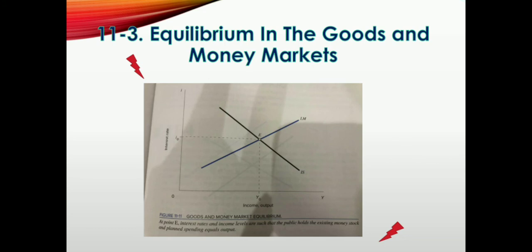In this graph, the equilibrium interest rate is i and the equilibrium level of income is Y, given the exogenous variables, in particular the real money supply and fiscal policy. At point E, both the goods market and the money market are in equilibrium.